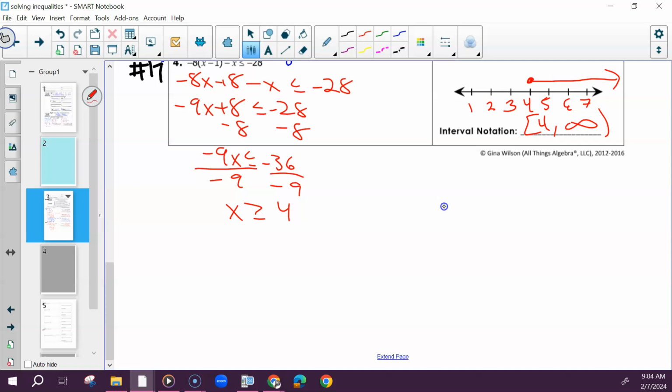Look on the back of that and find any questions you want to see. Do go over numbers 5 through 10.